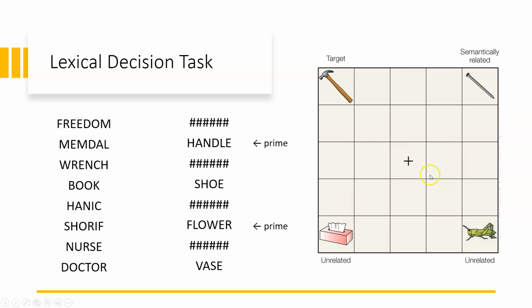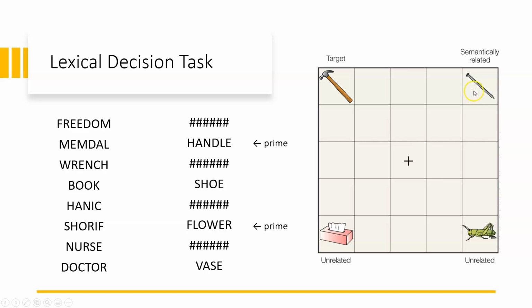This suggests that even though the word that was said was hammer, other semantically related words were activated in their brain, and they couldn't help looking toward the semantically related lures.